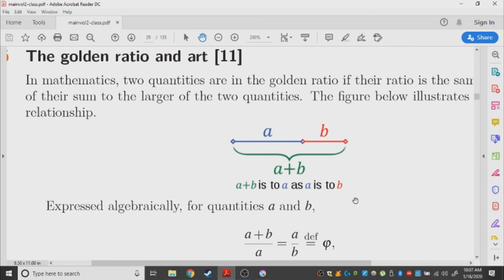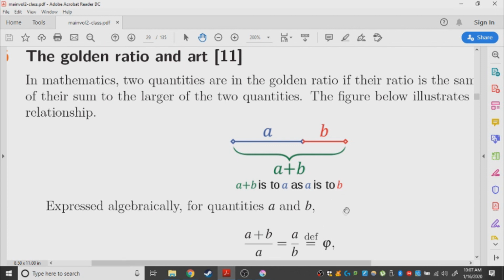So A divided by B. So the ratio is A over B. Okay? If that answer that I get is the same as the ratio of this total length, A plus B, to the long A length, then we say the A and the B are in ratio according to the golden ratio.